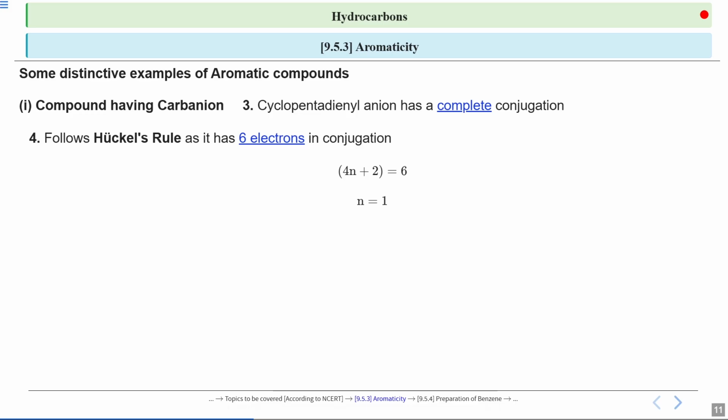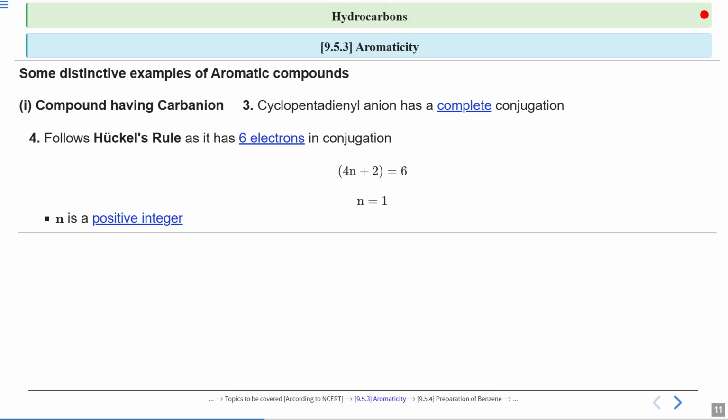If you put it in the formula of Huckel's rule, 4n plus 2 equals 6, it gives a value of 1 for n, which is a positive integer. That means your cyclopentadienyl anion is aromatic because it follows all 4 rules. Got it? To recap, the cyclopentadienyl is aromatic because it is planar, cyclic, fully conjugated and following Huckel's rule.